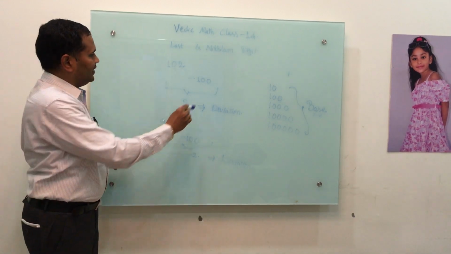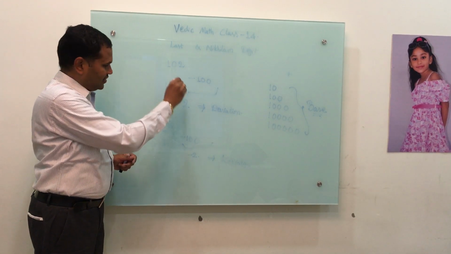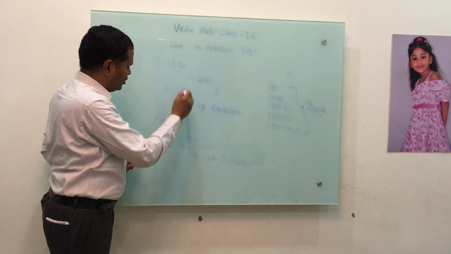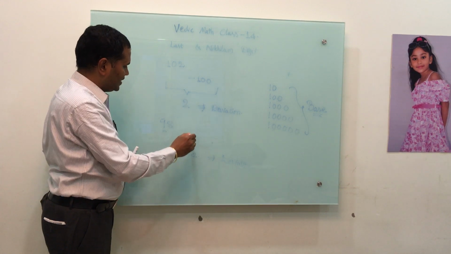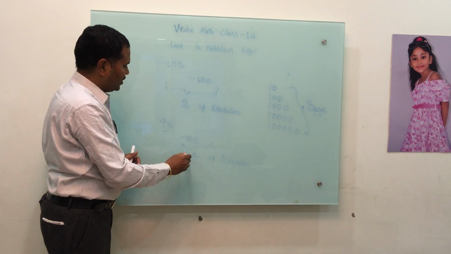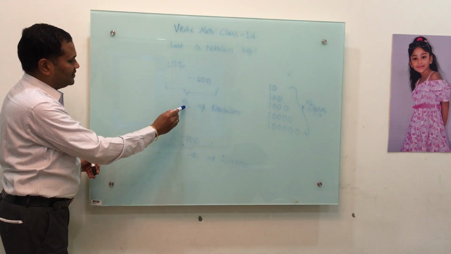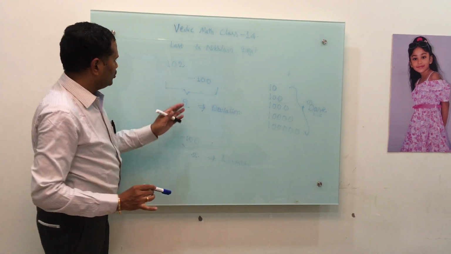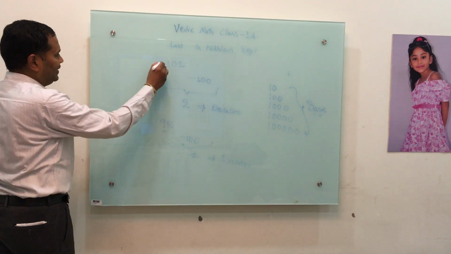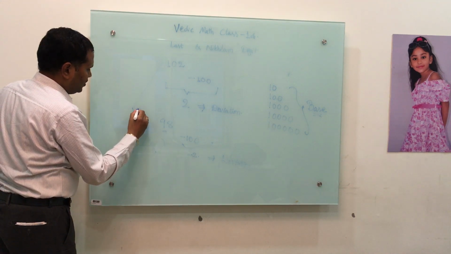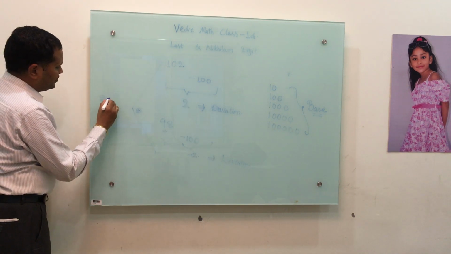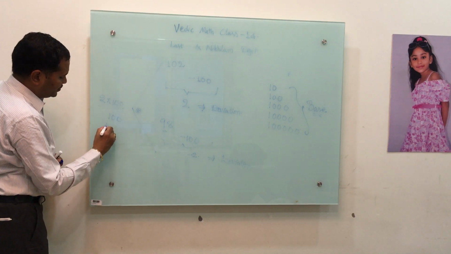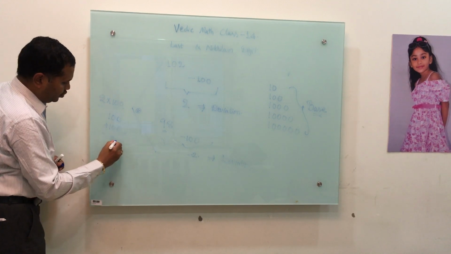You identified 100 as the closest base for 102, and 100 as the closest base for 98. When you add 102 with 98, this 2 and this minus 2 get nullified. It gives 0. So the sum of 102 and 98 is the sum of the two bases, 2 into 100, or the base addition 100 plus 100, that is 200.